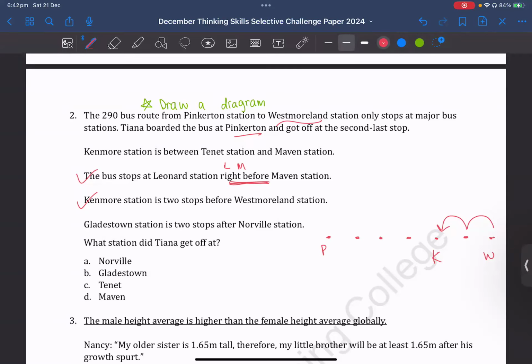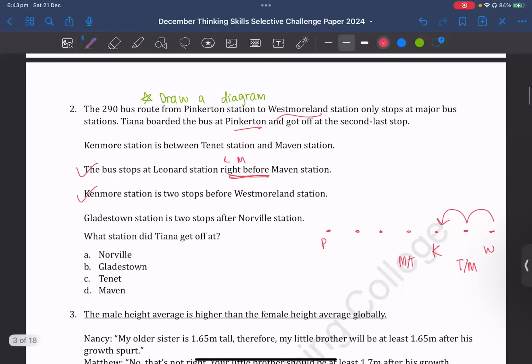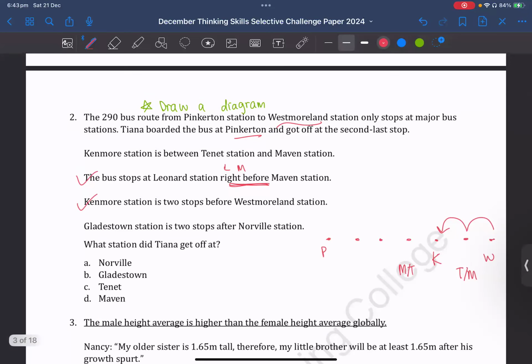So right now, I've used this. Alrighty, and I know that Kenmore Station is between Tenet and Maven. So either Tenet or Maven is here, or, vice versa, Maven or Tenet. Now, this is where our first line comes into play. Kenmore Station is between Tenet and Maven. I'm going to assume that Maven is over here because Maven is also linked to Leonard, right?